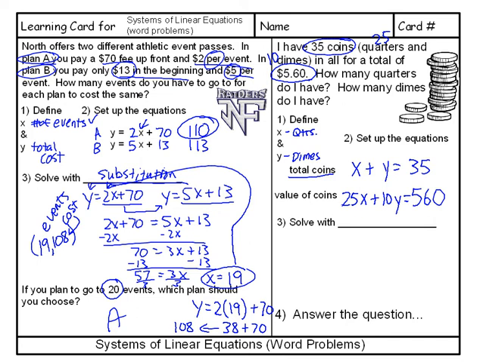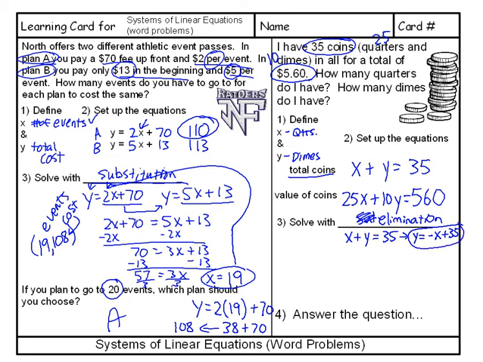I'm going to solve this just like we did before. No, I'm not. I'm going to do it with elimination. And let's see how this works. All right. So X plus Y equals 35. You know, it would be just as easy to solve this one for Y and make it into Y equals negative X plus 35.